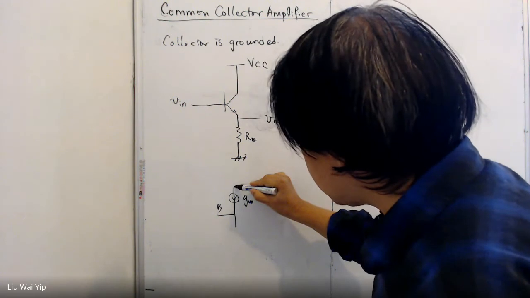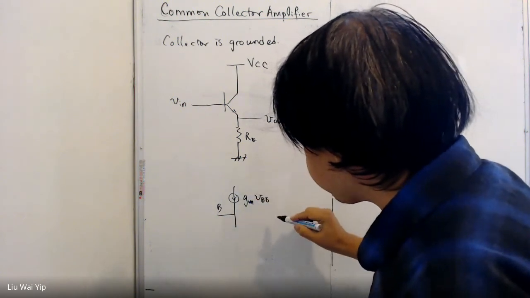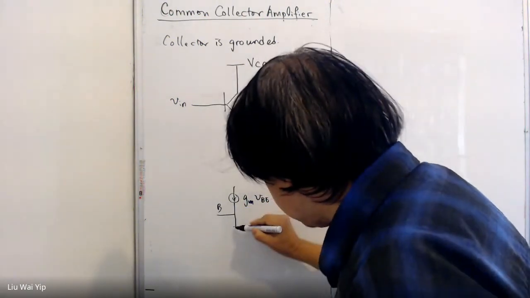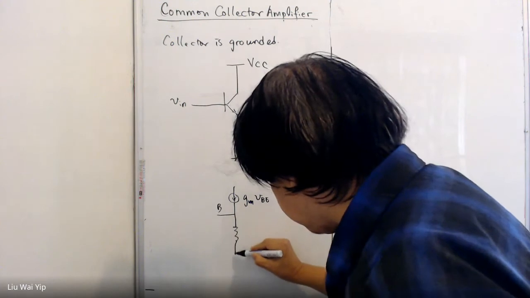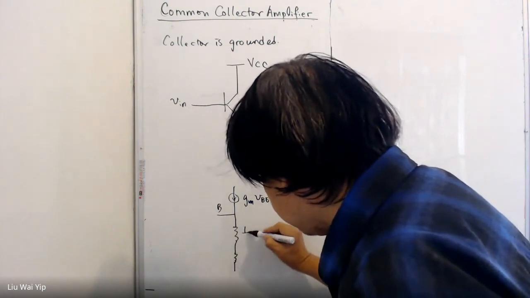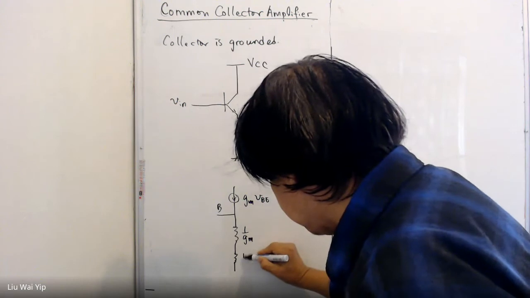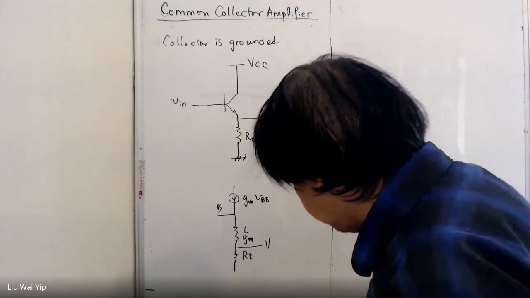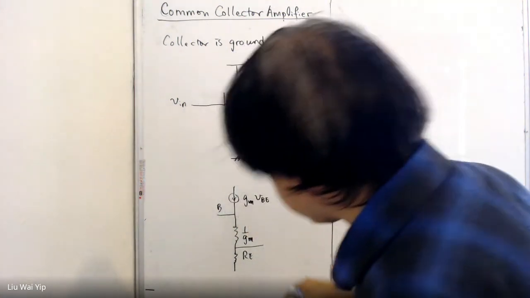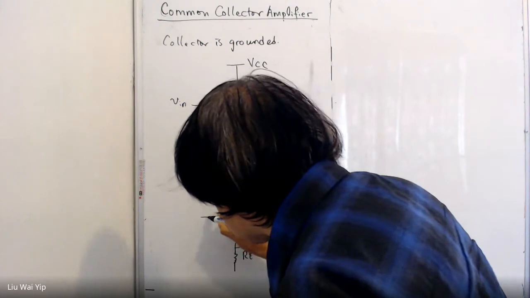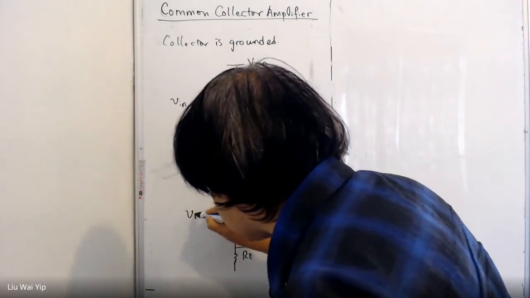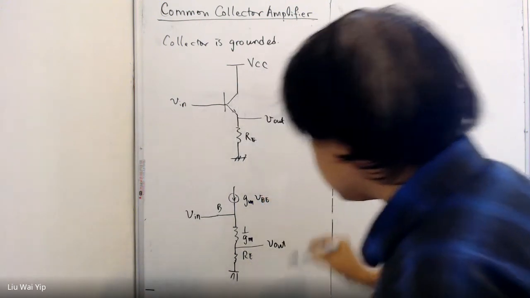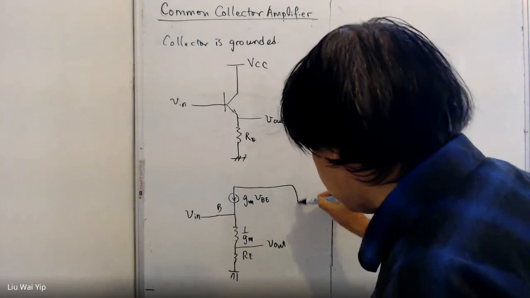The output is connected to 1/gm, and then the RE is connected here, and Vout. And we are going to ground this terminal.